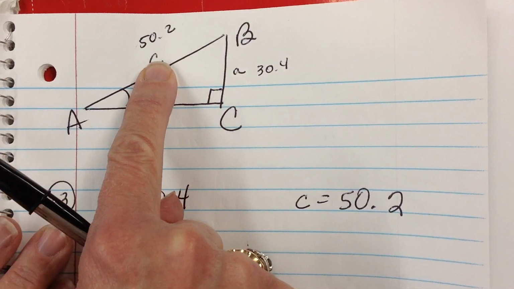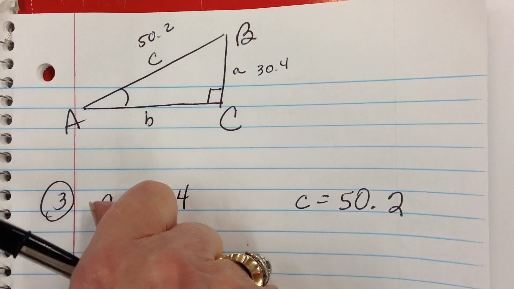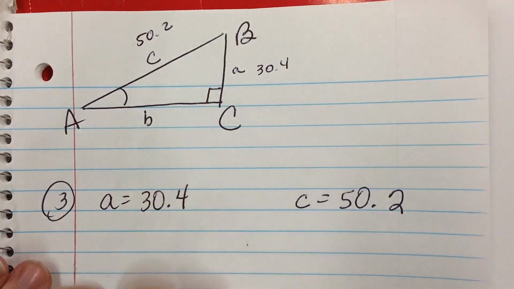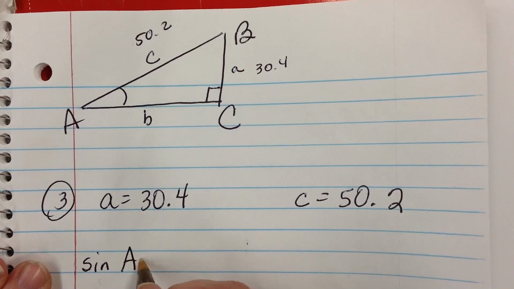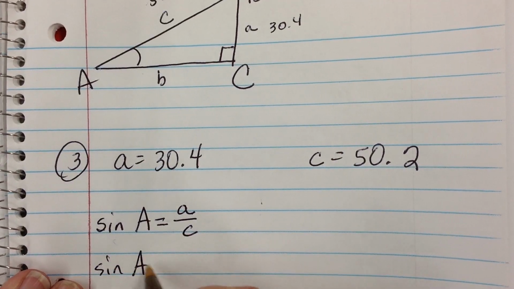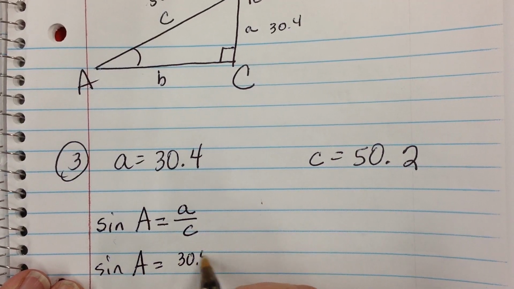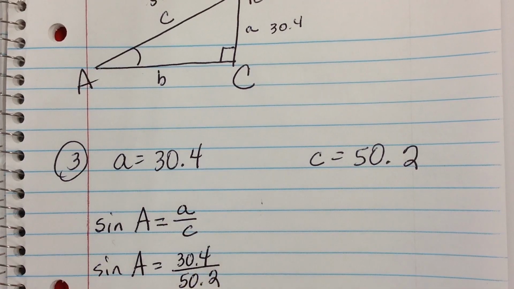So which trig function involves opposite and hypotenuse? That would be sine. So I'm going to set up a proportion. Sine A is equal to A over C. So I have sine of A is equal to 30.4 divided by 50.2.